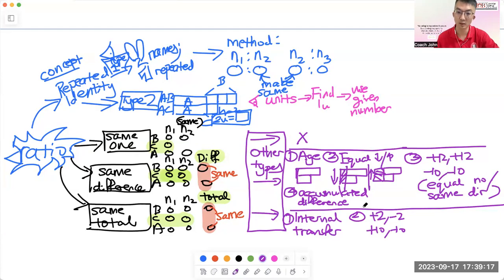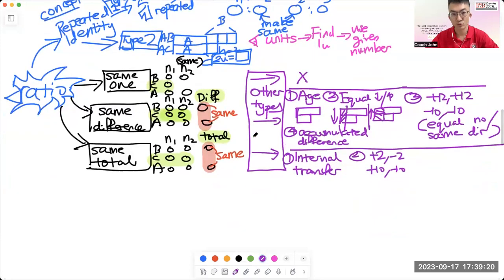And when you see internal transfer for same total, if it's ratio, you will use your ratio method. But let's say there's no ratio and they're all numbers, like A has 20 more than B, and if A gives 10 to B, A will have say 20 more than B. The numbers may not make sense to you, but you can hear that there's no mention of ratio at all, and it's all numbers.